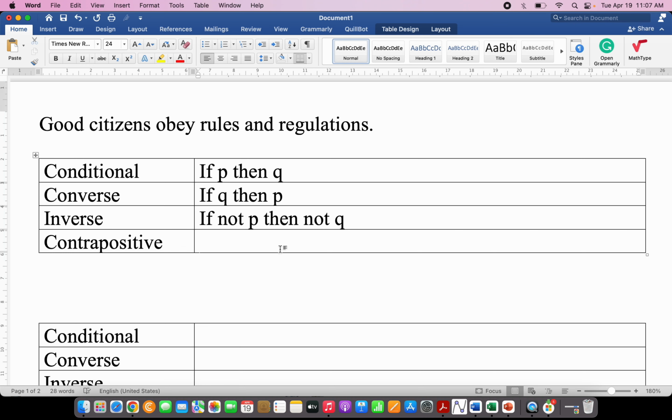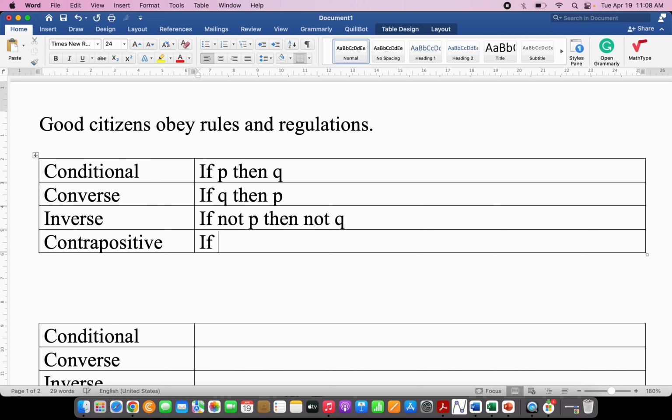And we have yung inverse, form lang ng conditional pero ninegate natin siya. The contrapositive actually is the negation of the converse statement.